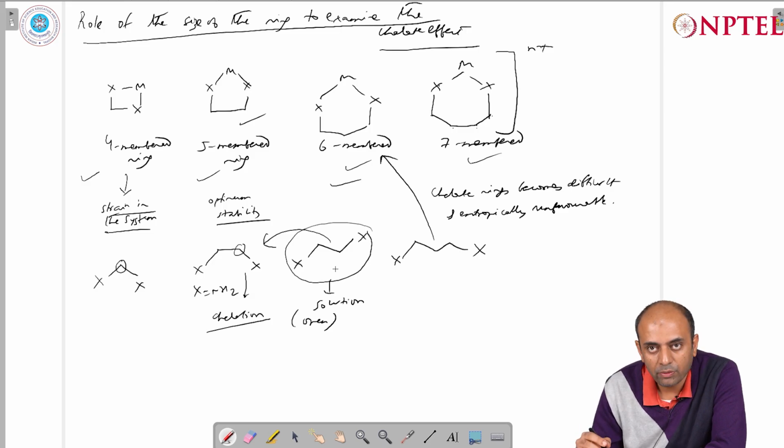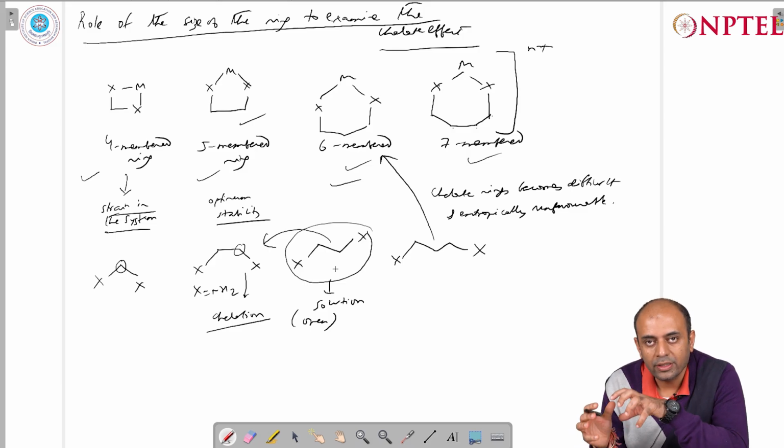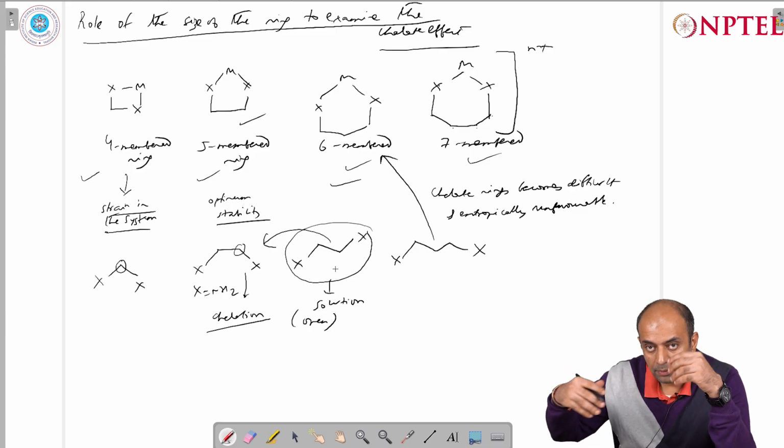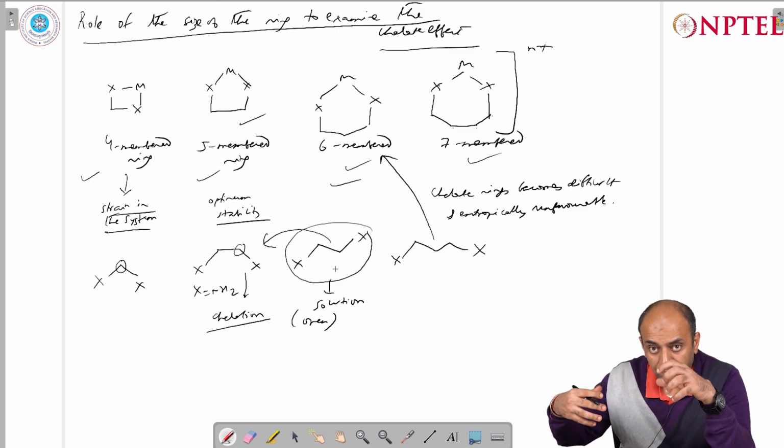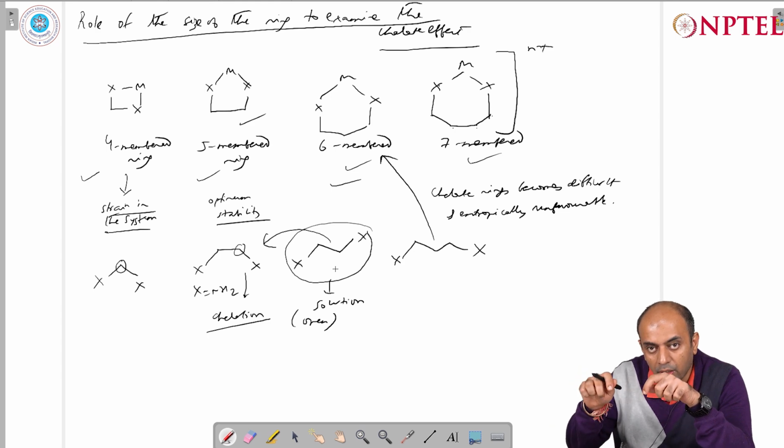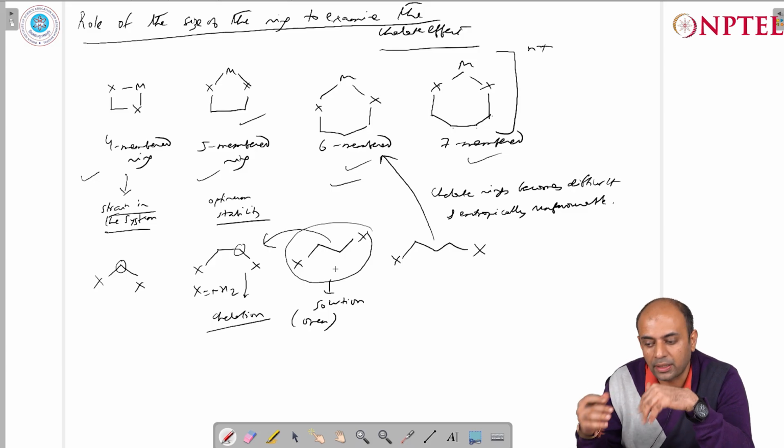And this change in conformation is entropically unfavorable, because now you are actually restricting the motion of the ligand. So initially in the open conformation, the molecule was free to rotate and explore more degrees of freedom, but now when you have actually locked the ligand, you have restricted its conformational degrees of freedom. Therefore, this is entropically unfavorable.